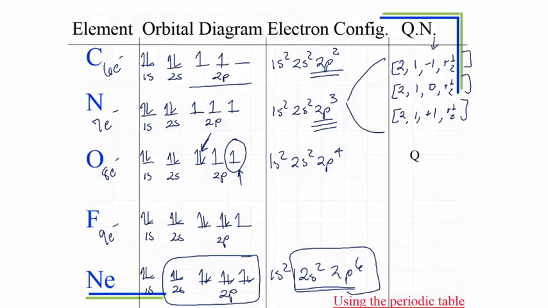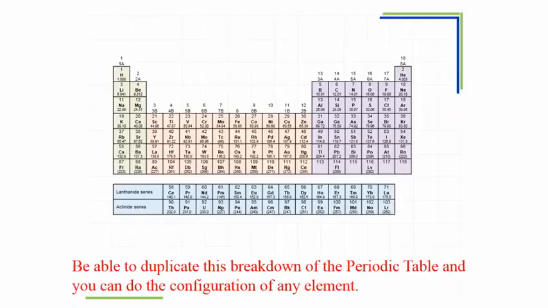Now we're filling them up according to the diagonal arrows that we drew in that table that I set up for you. But I'm next going to show you how to use a periodic table to come up with the orbital and enable you to do the electron configuration of any element without having to use that diagonal. In order not to have to design and develop that chart every time we want to do an electron configuration, and by that chart I mean writing 1s and then 2s, 2p, and then 3s, 3p, 3d, and doing the diagonal arrows through, you know, that sort of thing.